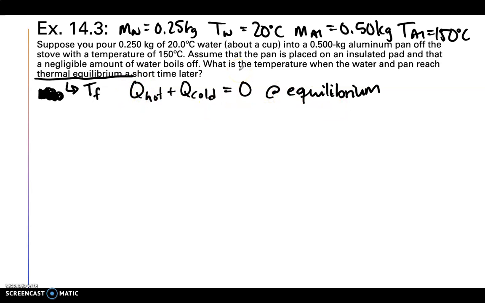So what we're going to need to do is find both the Q hot and the Q cold, and then plug them into this equation and solve for our final temperature. We have initial temperatures of both of these substances, but we need to find their final temperatures. So we're going to go ahead and stop the video here, and then I'll continue with this one in the next video.